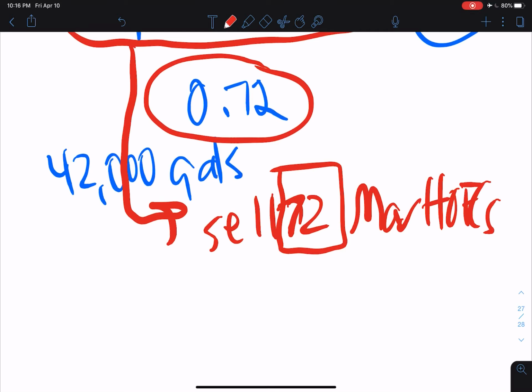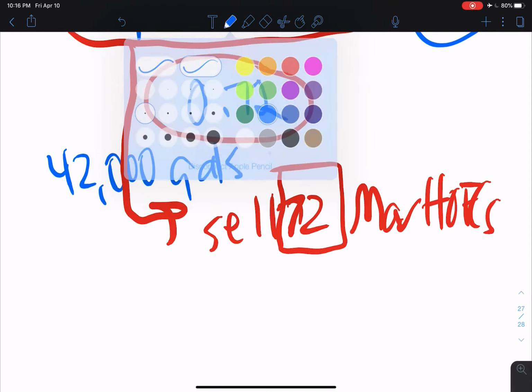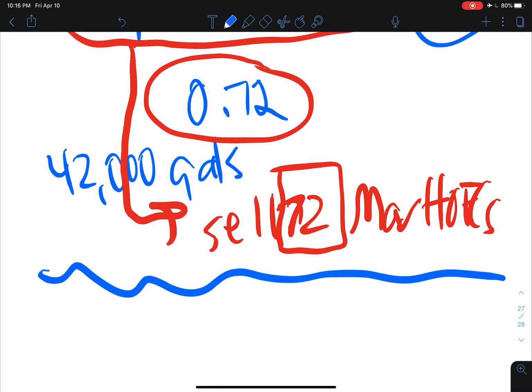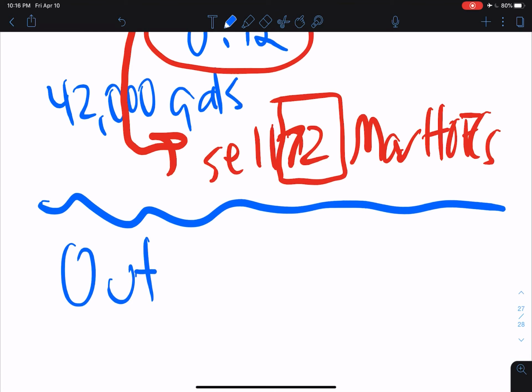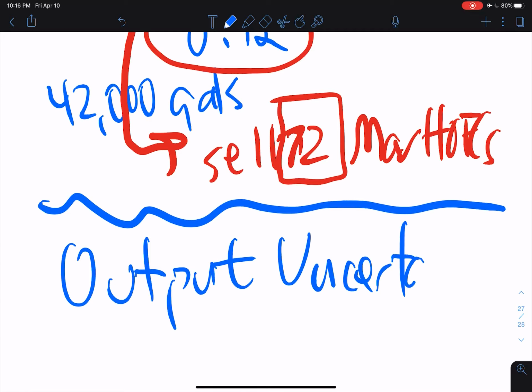Now, one more thing I'd like to talk about here. And that is the idea of output uncertainty. So this is kind of a different topic, but output uncertainty. Well, the idea here again is, hedgers use futures contracts to reduce or control price risk.